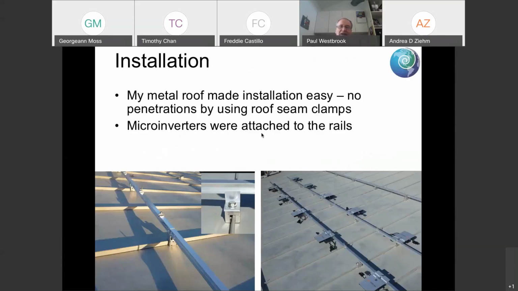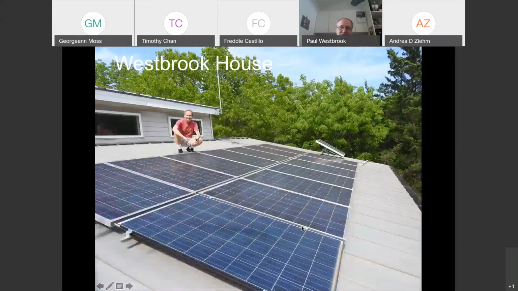Now, I made a choice of a metal roof when I built the house for long life, hail resistance, and reflectivity, and that made my solar installation so easy that even I could do it. For metal roofs, there's a clamp that bites onto the seam. It doesn't penetrate the roof material, and then the rails mount to those clamps, and then my microinverters are mounted to the rails, and then the panels lay right over the top.